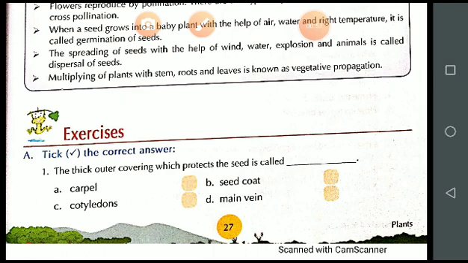These are the topics which I explained to you.